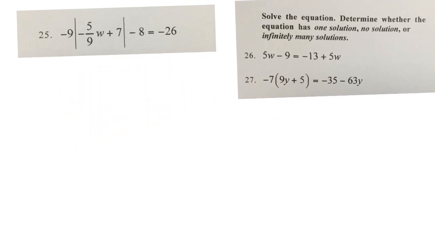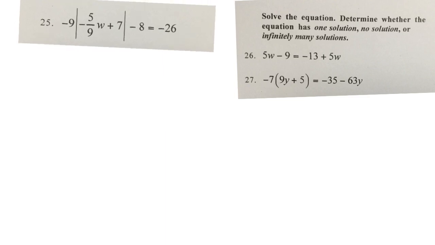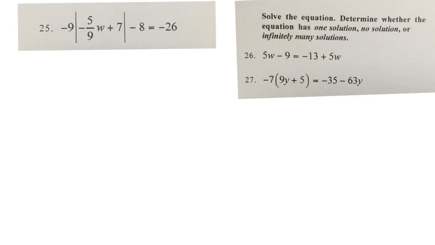Number 25 here. Move these over so I can just work under this. Negative 9 times the absolute value of negative 5 ninths w plus 7, minus 8, equals negative 26. Now I know you might recognize this negative over here, but that doesn't mean anything until the absolute value is by itself.